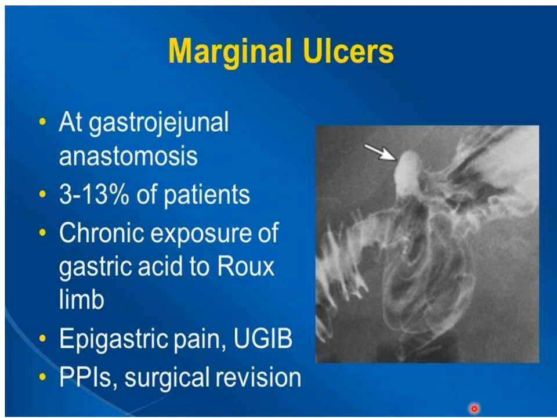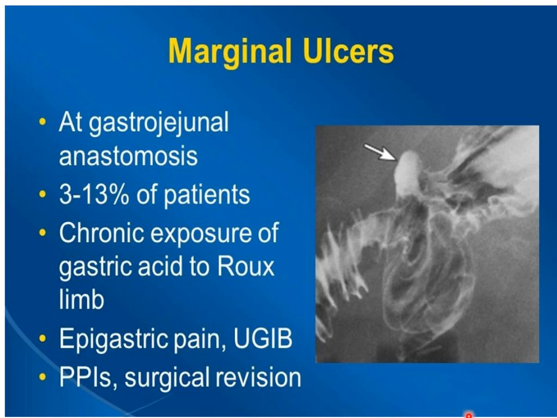The marginal ulcer also occurs at the gastrojejunal anastomosis. 3 to 13% of patients will develop this complication, and chronic exposure of the jejunum to gastric acid leads to it. Epigastric pain and upper GI bleeding are seen in these patients.